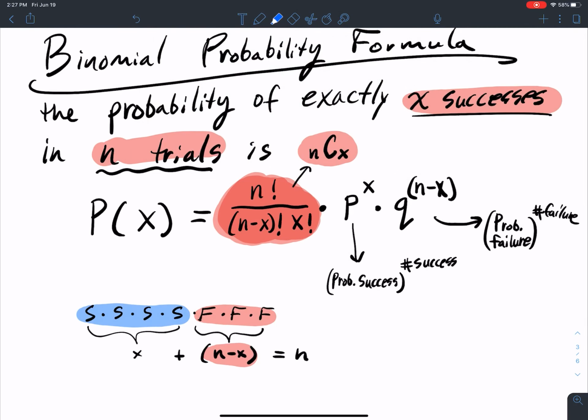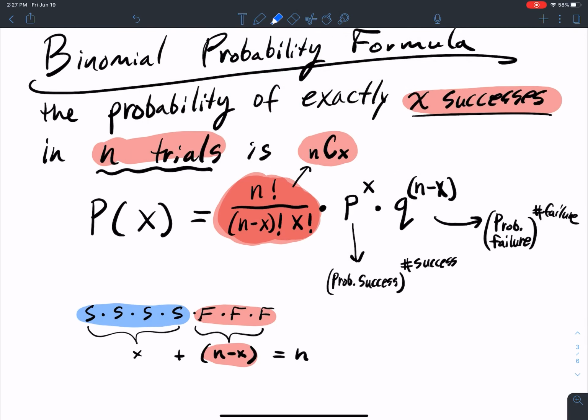X is how many total successes there are. So that's where the number of failures comes into play, and that's where the number of successes in total trials comes from. All right, so that might be kind of confusing, to say the least.